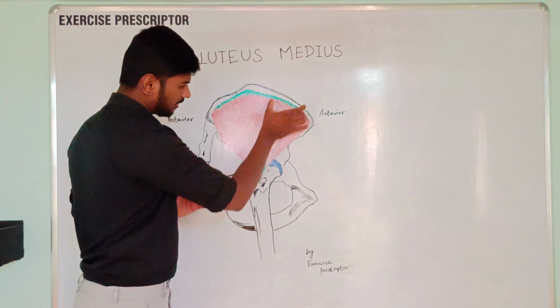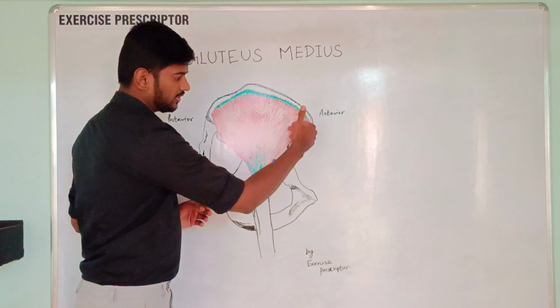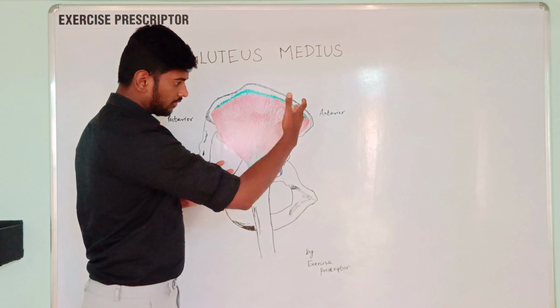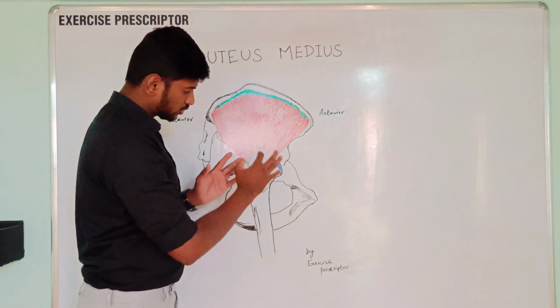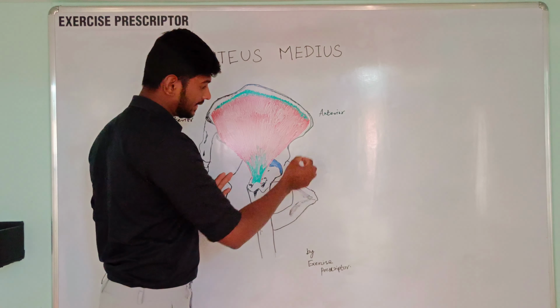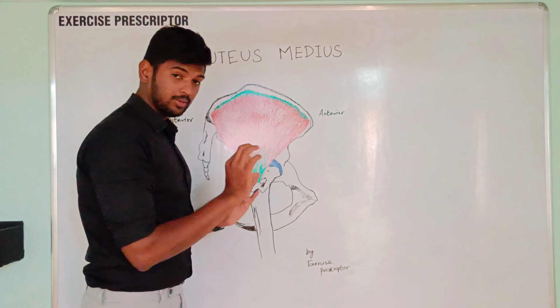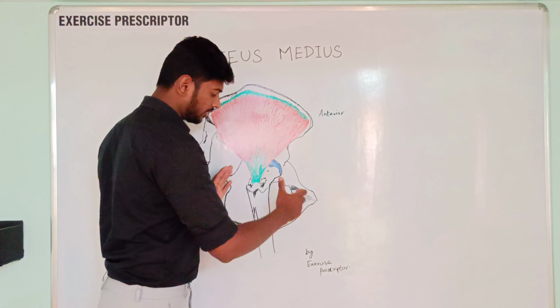And the anterior fibers of the Gluteus Medius run in a similar vertical and horizontal mixed, oblique direction. If you pull these muscle fibers, and since they cross the hip joint anteriorly, it helps to flex the femur forward, to bend the femur at the hip joint.